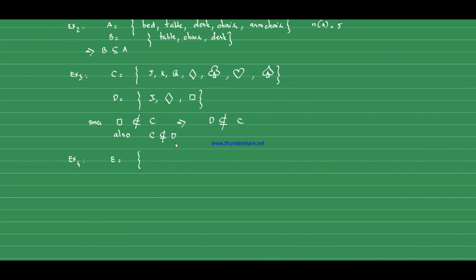Let me think a little bit. So how should I create it? What if set E has some car brands? As elements, what if I have Honda? I have Ford. I have BMW.